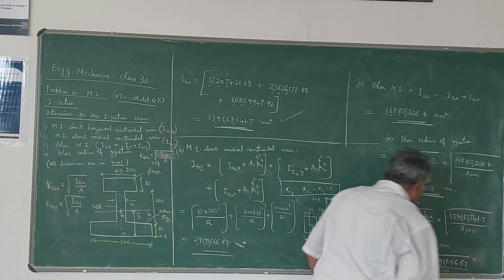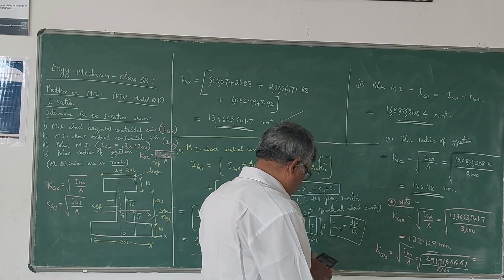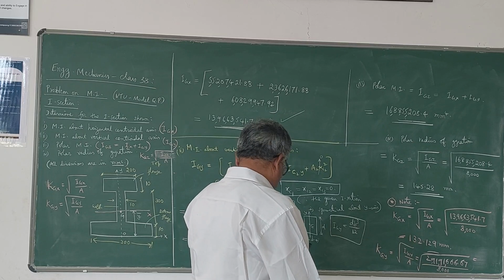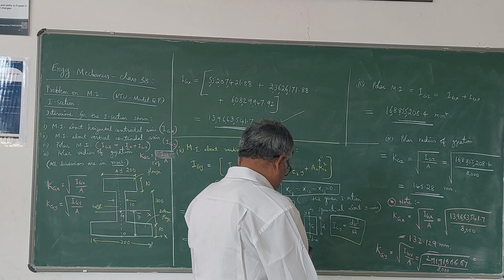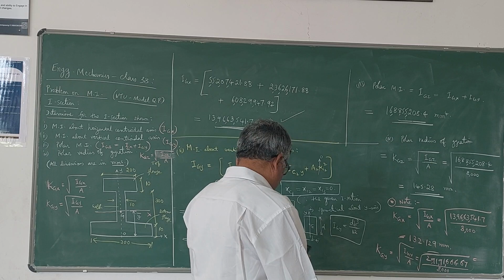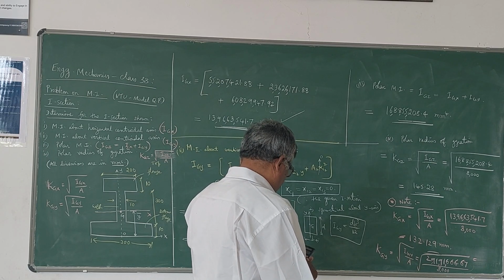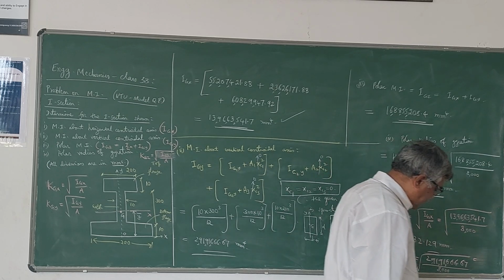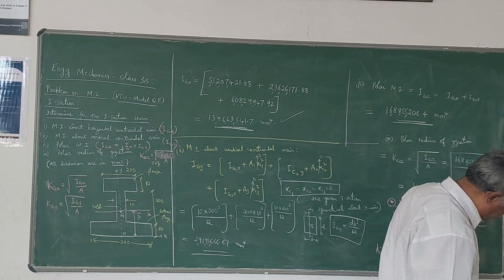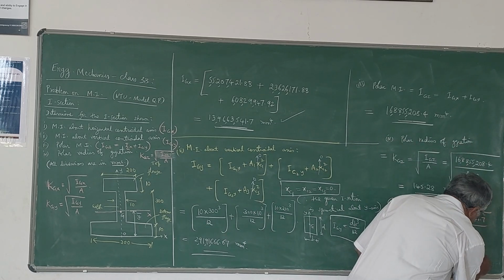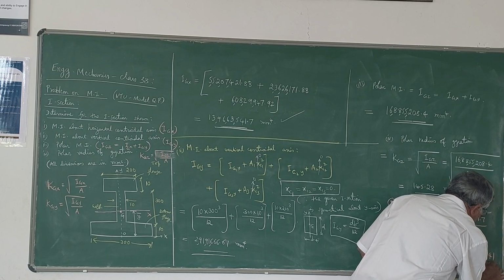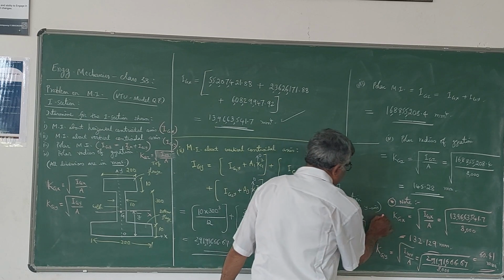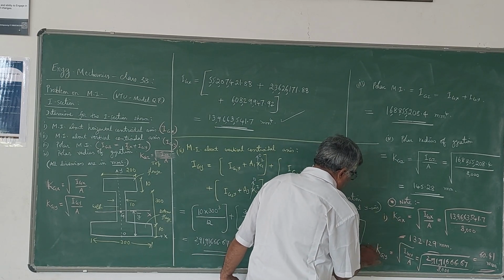So the final value of 29191666.67 divided by 8000, under root, comes out to be 60.41 millimeter. So this is the radius of gyration about the vertical centroidal axis.